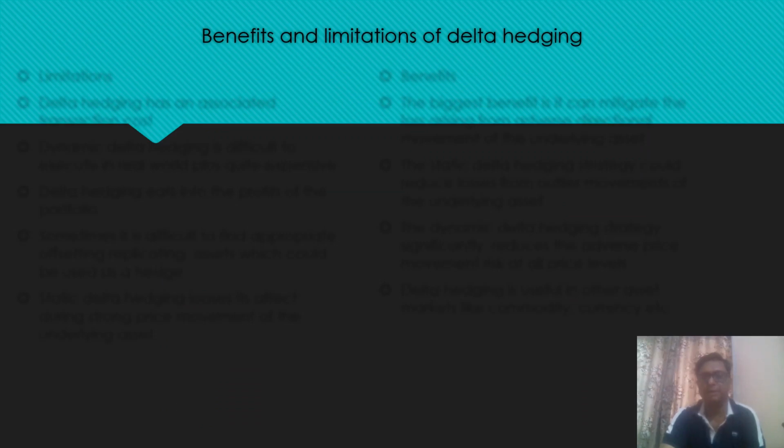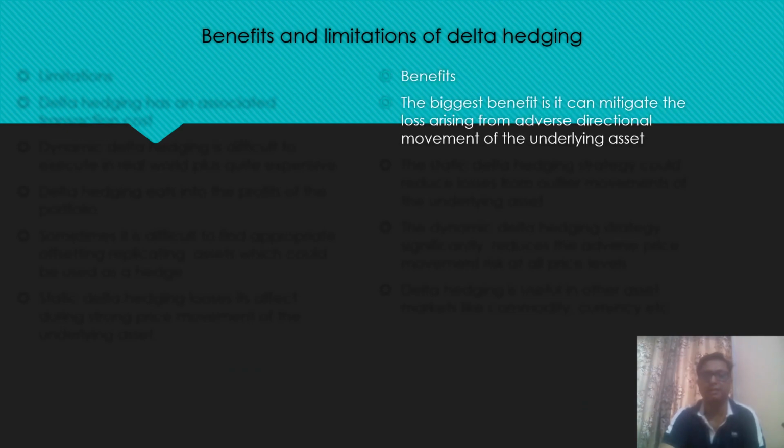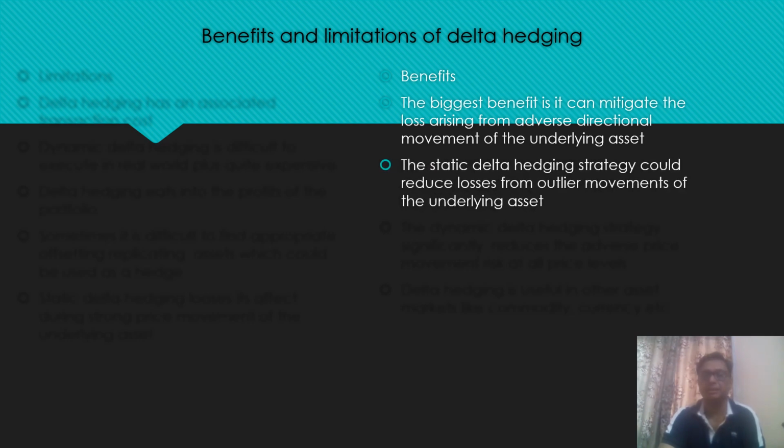Now let's examine the overall benefits and limitations of delta hedging. First, the benefits. The biggest benefit is it can mitigate the loss arising from the adverse directional movement of the underlying asset. The static delta hedging strategy could reduce losses from the outlier movements of the underlying asset.